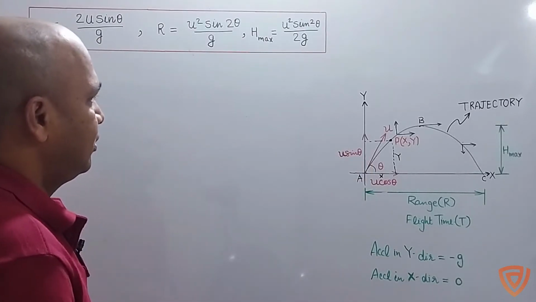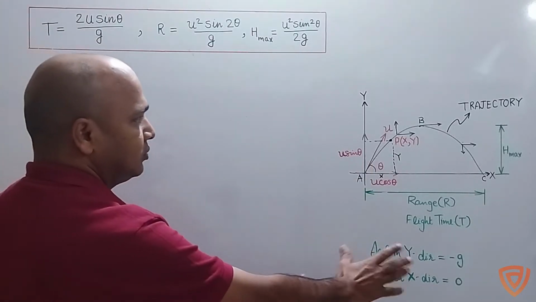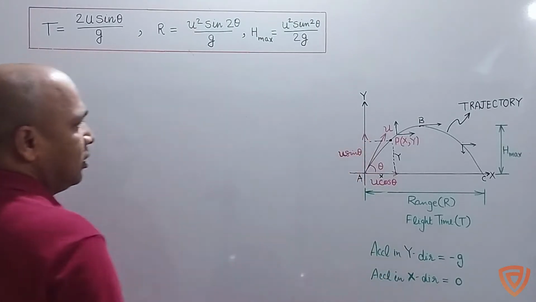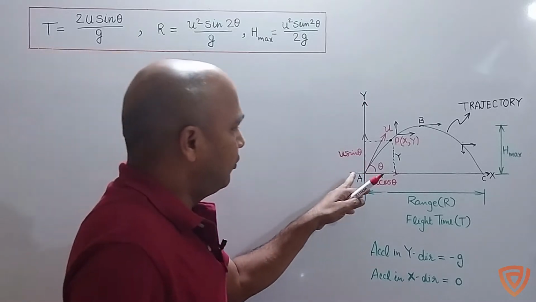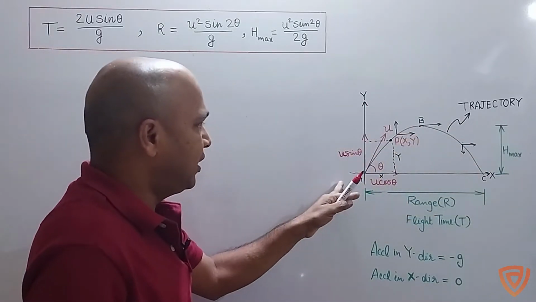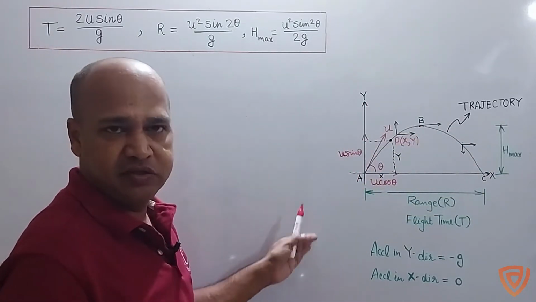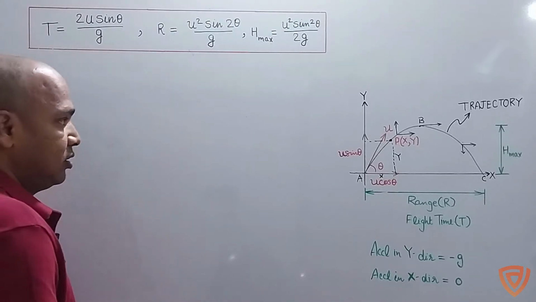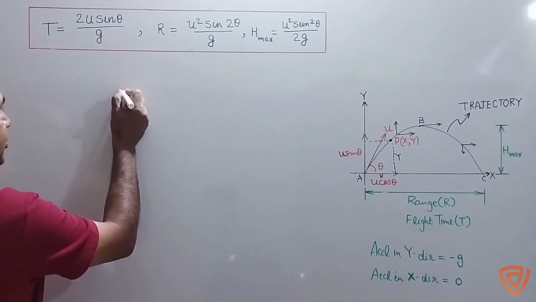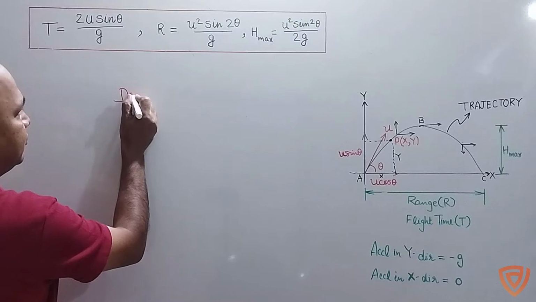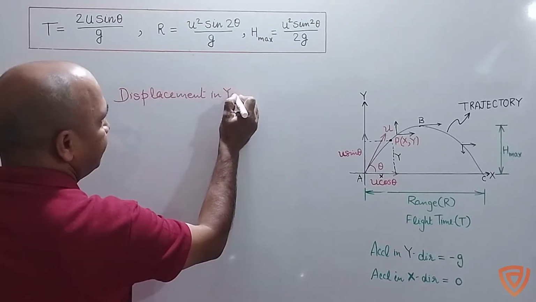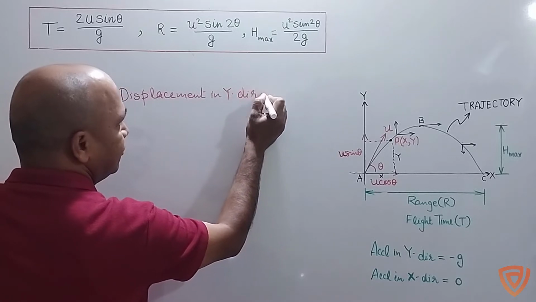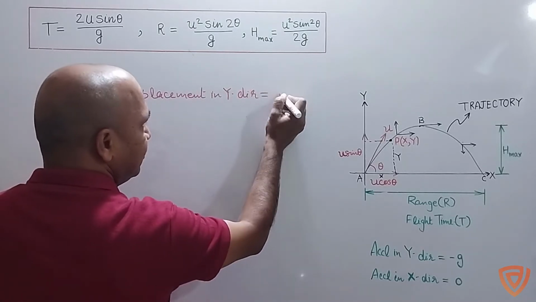Fine. Now for the y direction motion, for this entire motion, what is the displacement in the y direction? The net displacement is 0.